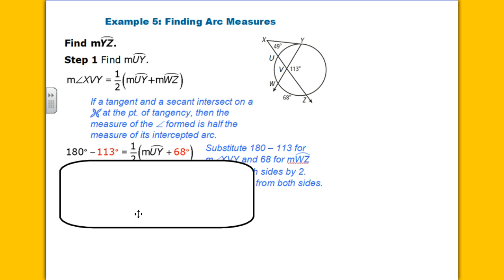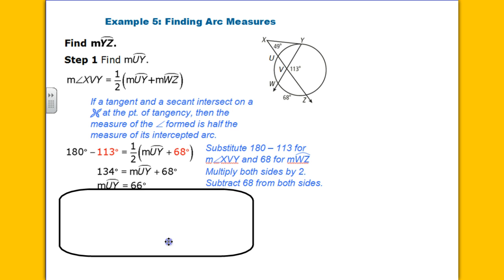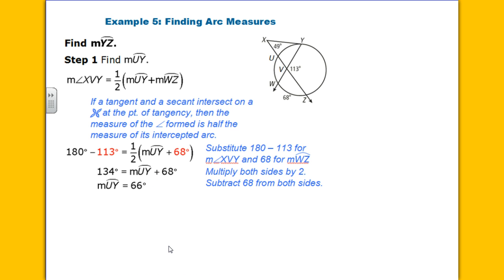So we know 180 minus 113, which is 134, is half of UY plus the measure of WZ. And so we can use this to find the measure of UY by just subtracting. We have 66 degrees.